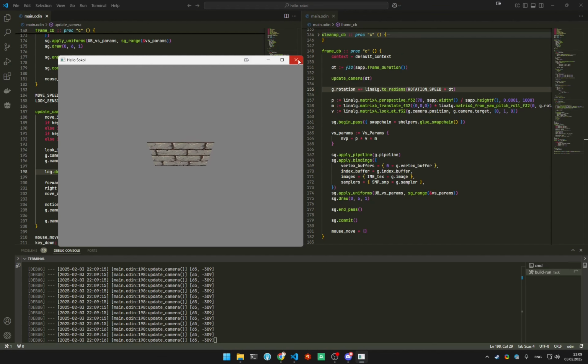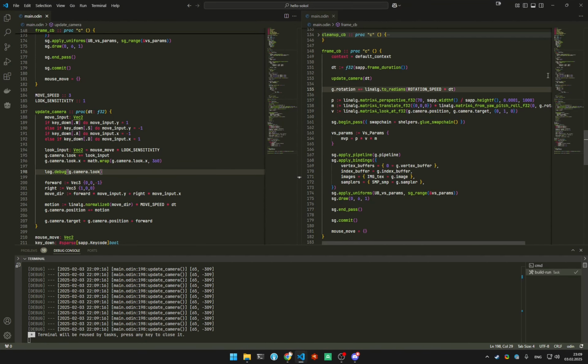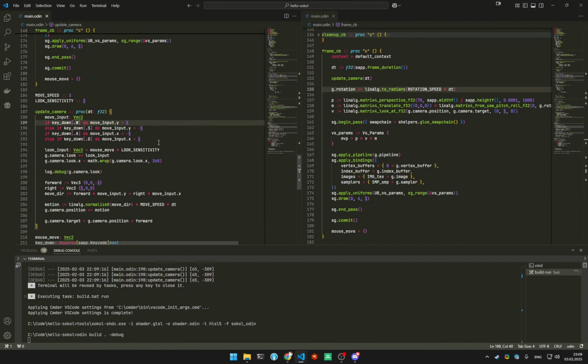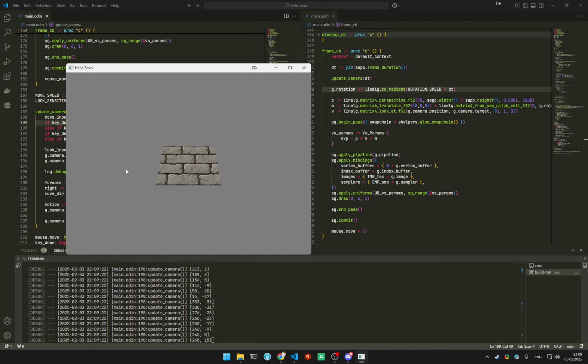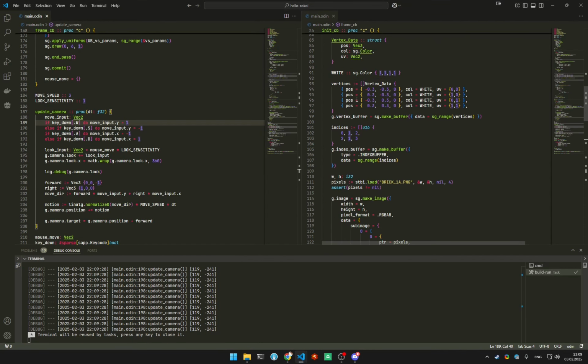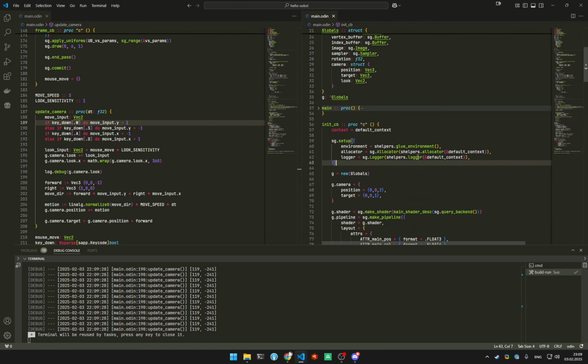And by the way, one other thing is that for the first person controls, or like for any kind of immersive controls, we want to lock the mouse and hide the mouse cursor. So let's do exactly that in our initialization function just after the SG setup.